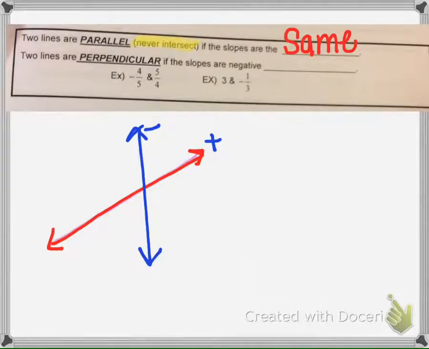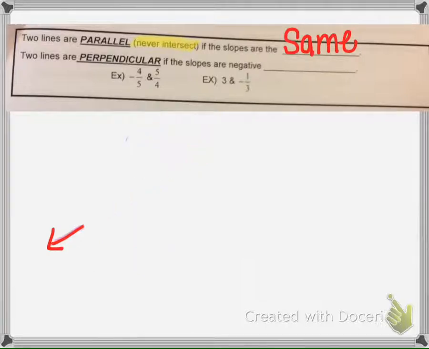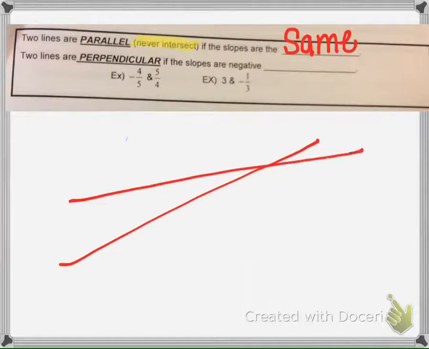Whereas for perpendicular lines, they can't have the same slope, because perpendicular lines intersect. Now, again, notice these two lines here, they intersect, but they are not perpendicular. This is not a 90-degree angle right here.